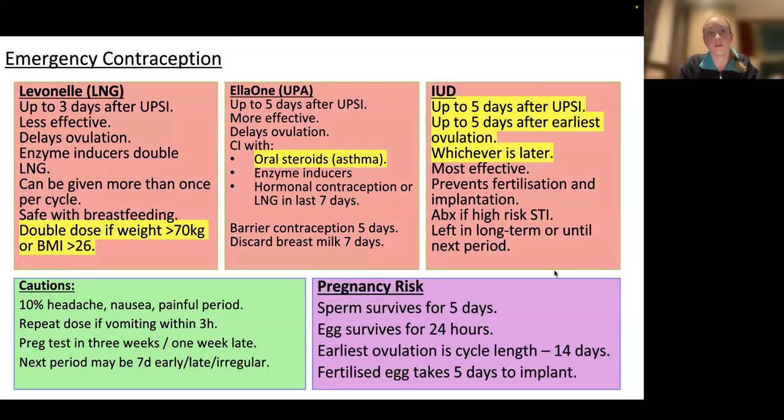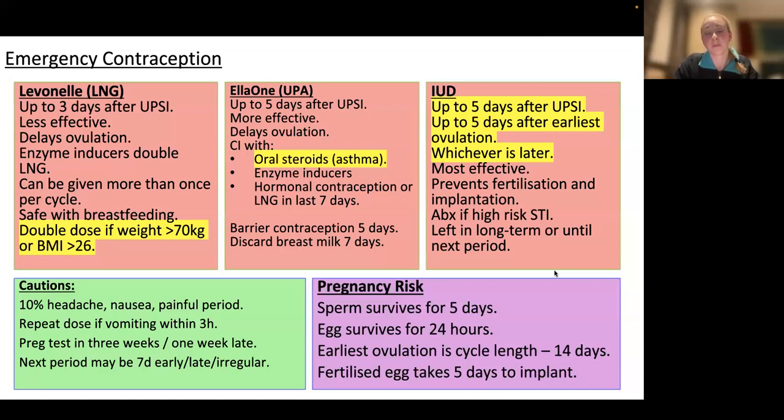So your 2 oral morning after pill options are Ellaone or Levonelle. So Ellaone can be used up to 5 days after unprotected sexual intercourse. It's more effective than Levonelle, and it works by delaying ovulation.